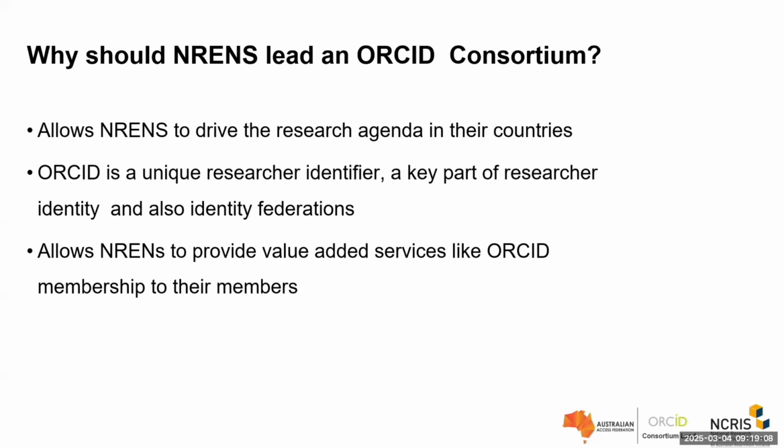So running your own ORCID consortium will help you shape and drive the national research agenda for your country. It also provides membership and other value-added services. Usually it's run on a membership basis.